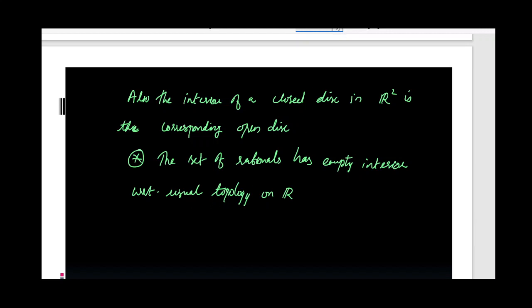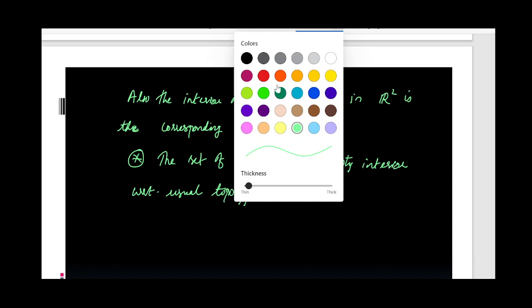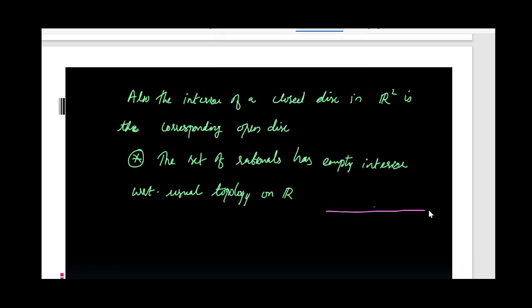The reason is very simple. When you take the real line, we have the set of rationals.